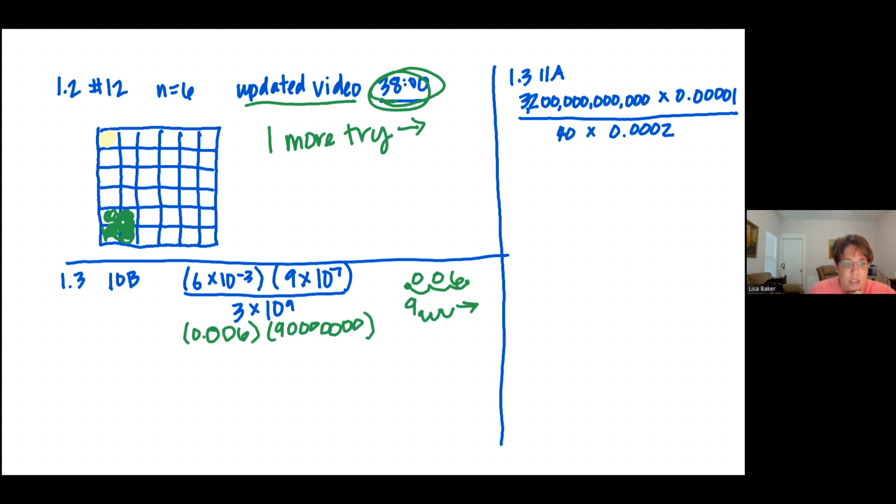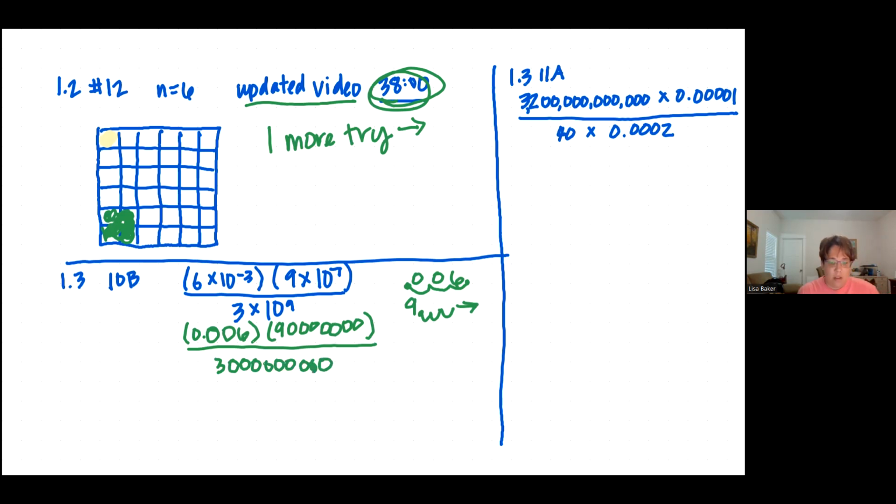Then on the bottom, I have 3 times 10 to the 9th. That is a huge number. So that's going to be 3 with 9 zeros: 1, 2, 3, 4, 5, 6, 7, 8, 9.